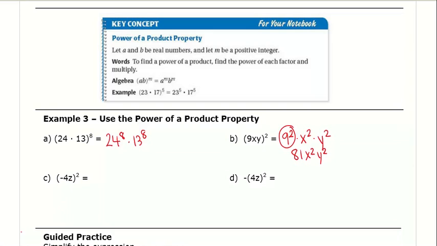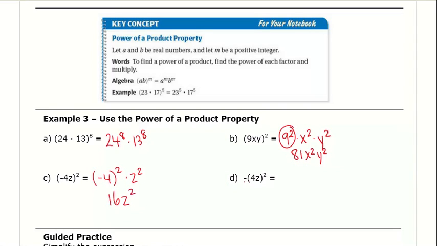In C, we have to be careful here because we have a negative. Okay, so that squared is going to be applied to both of them. So I'm going to say negative 4 squared times z squared. And let's take this a step further. Negative 4 times negative 4 is a positive 16 with a z squared attached to it.